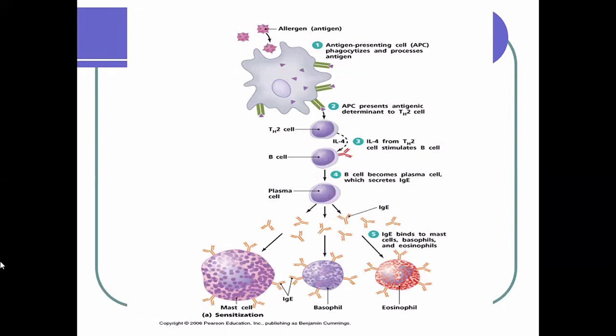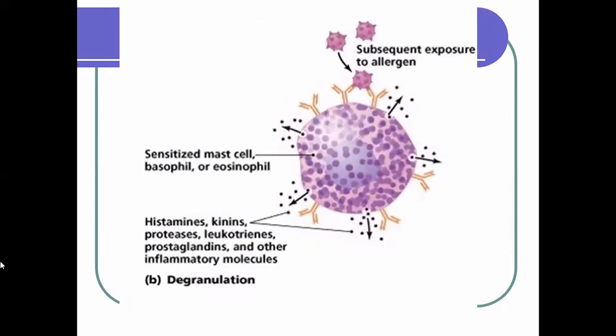And what happens after? Upon subsequent re-exposure to the same allergen, it will now cause degranulation of these granules, releasing now the vasoactive amines. Okay? So that explains the signs and symptoms of allergic reaction.